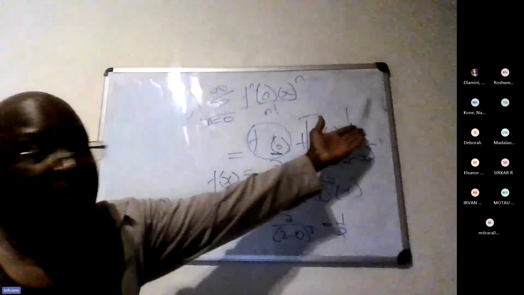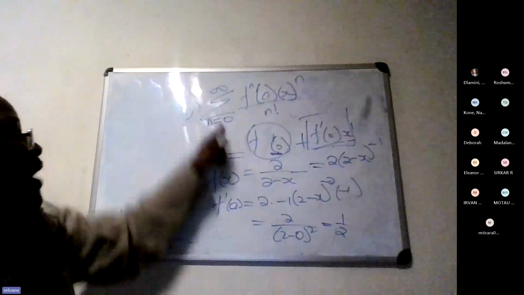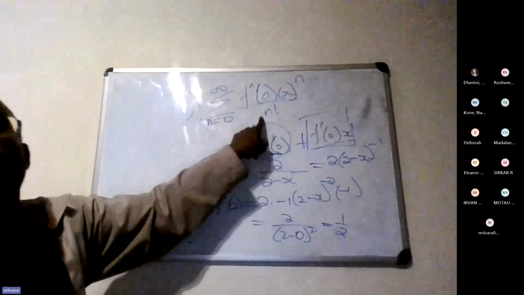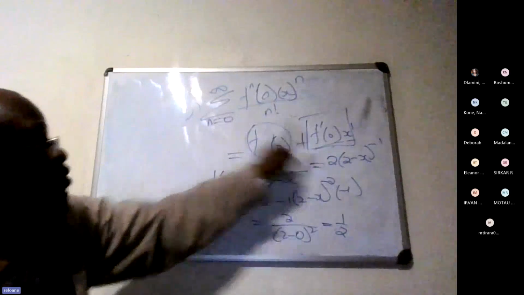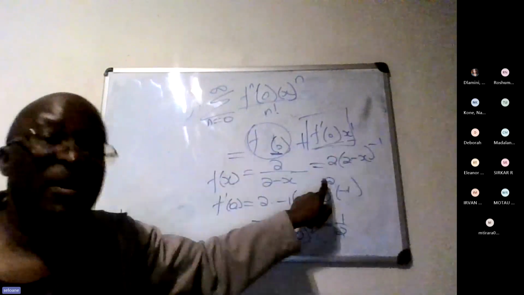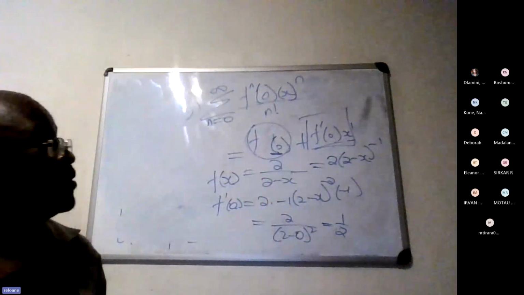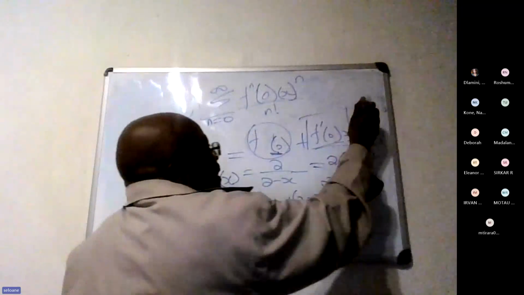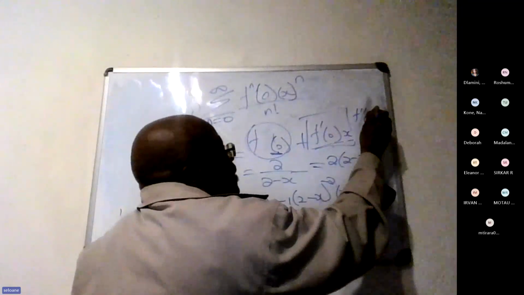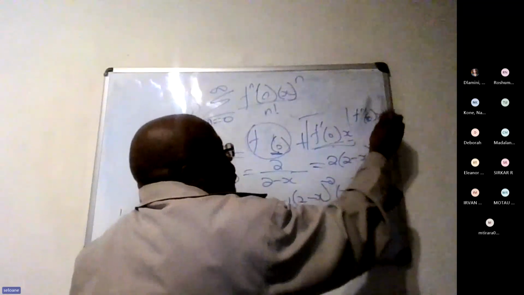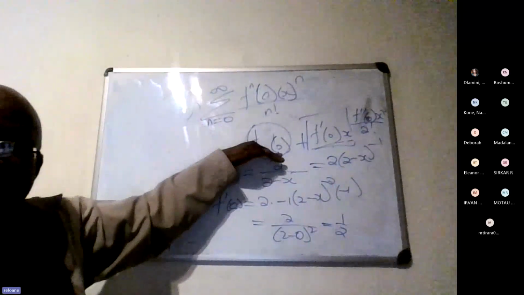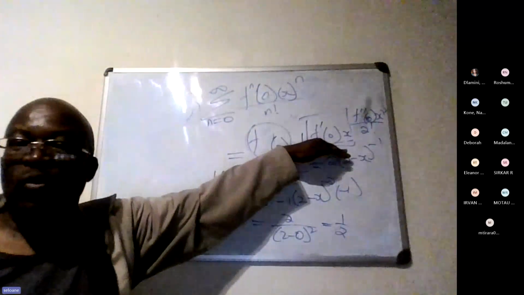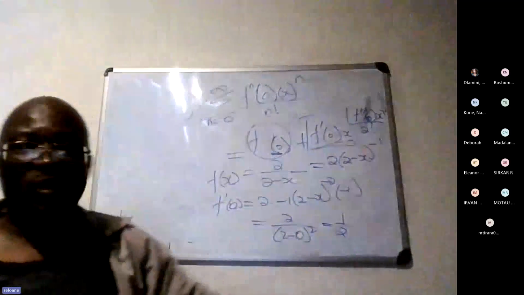The same thing with T3, where you are now going to replace n by 2. Remember, the first term you replace n by 0. The second term, you replace n by 1. The third term, you replace n by 2. And the third term will be the second derivative now of this over 2 factorial. Don't forget, this was over 0 factorial. This is over 1 factorial. And this will be over 2 factorial.